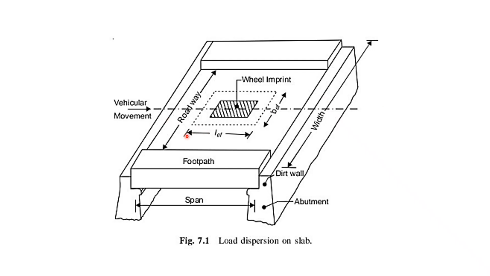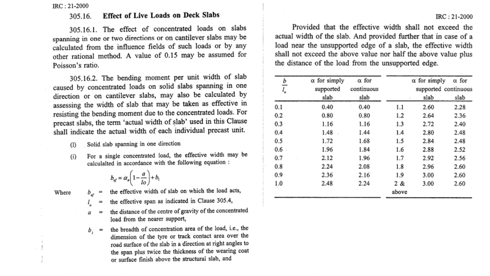If you see this, the length of the wheel along the span is the effective length, and in the perpendicular, transverse direction we have the effective width. So the wheel imprint, that is the effective length of load dispersion, is calculated by using the formula prescribed in IRC code 21. So the bending moment per unit width of the slab is caused by the concentrated load on the solid slab spanning in one direction.